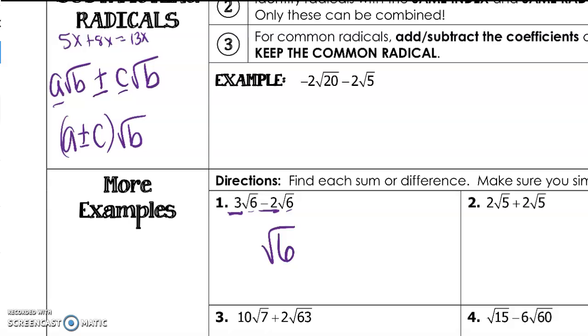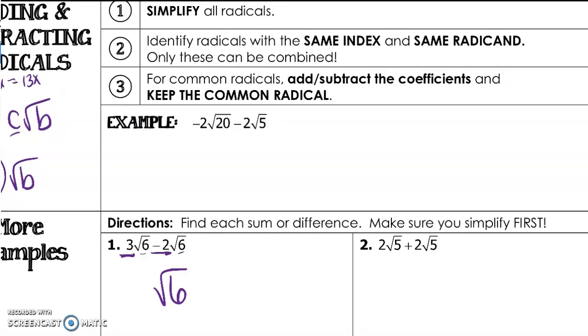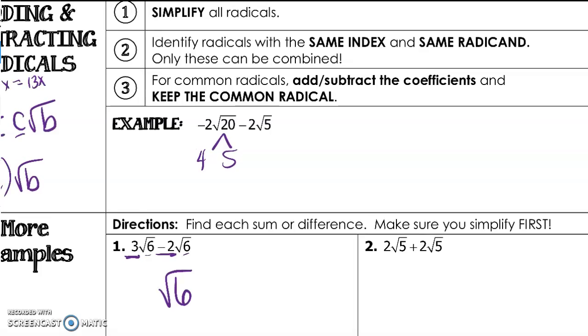So if we go back up to the example, you can see that your inside numbers don't match. So we need to see if they will match by finding a perfect square that goes into 20. The perfect square that goes into 20 is 4. So this is 4 times 5. Square root, square root. The square root of 4 is 2. So I'm going to try to save us a little bit of time and not have to write it all out.